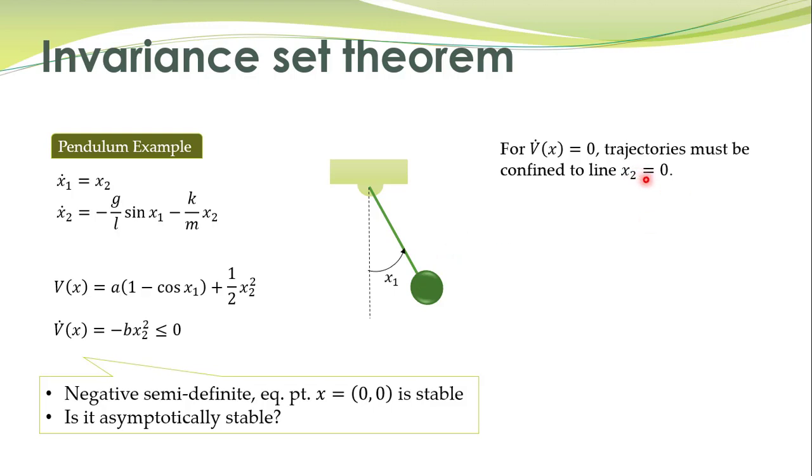This x2 can be identically equal to 0 only when x1 is also equal to 0. It means that we can use our intuitive knowledge to conclude about the asymptotic stability of the equilibrium point.